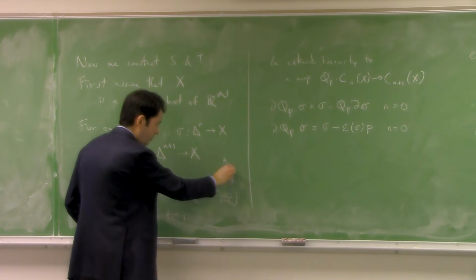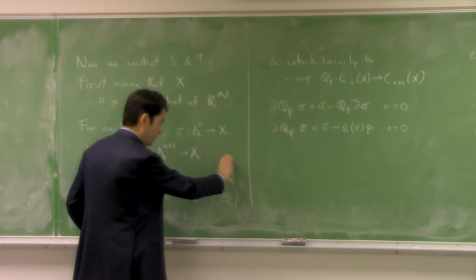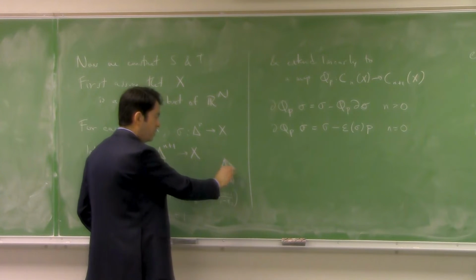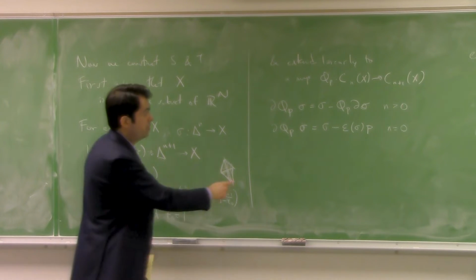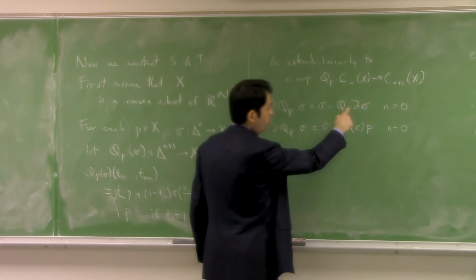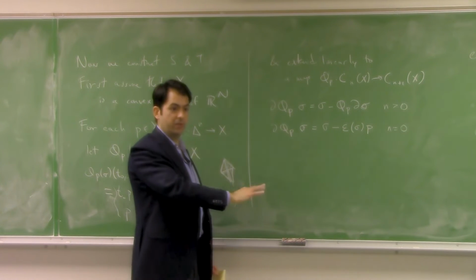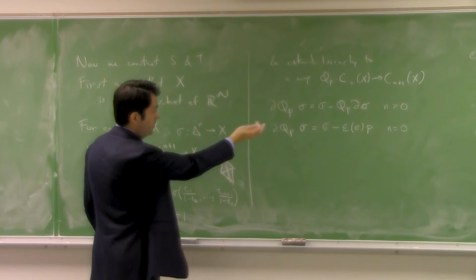So take the boundary of sigma and cone that. So you get this cone, you get that cone, and you get that cone. So we're getting all of the faces of the pyramid, right? All the faces of the pyramid are either the cone over a face of sigma, or sigma itself is one of the faces, right? And you just do the algebra to see what the signs are.